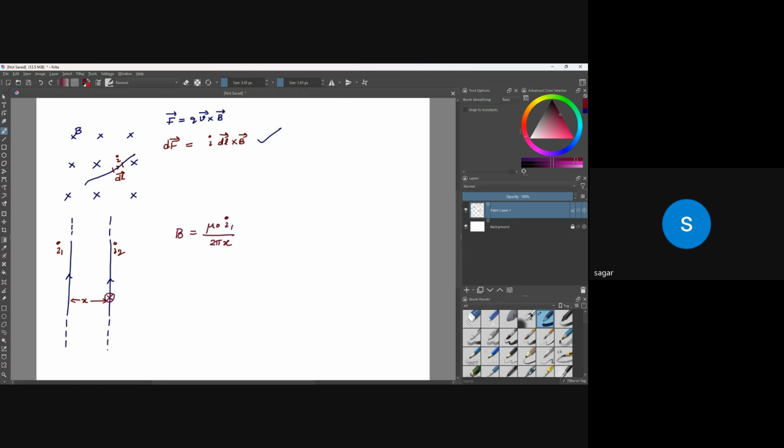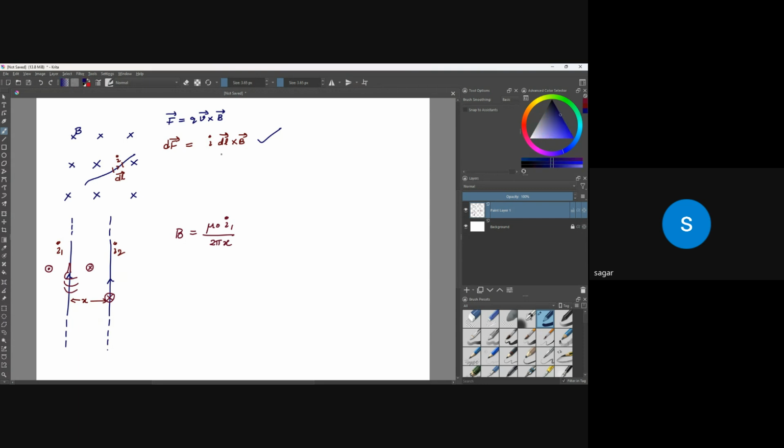Now to get the direction, you'll have to use the right hand rule. Hold the wire so that the thumb is pointing in the direction of current. If you look at the fingers, they're going inwards here and coming out here. So the direction of the field is inwards at this point because of I1.